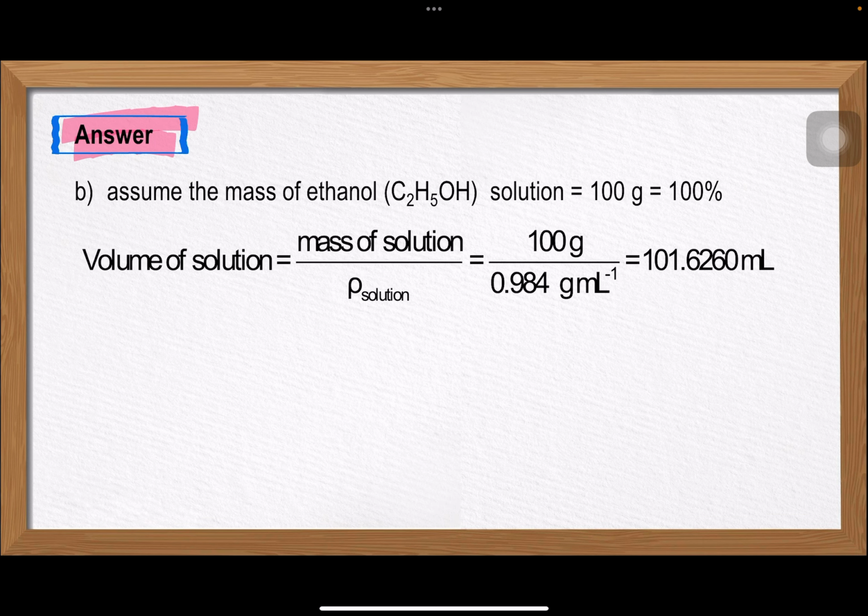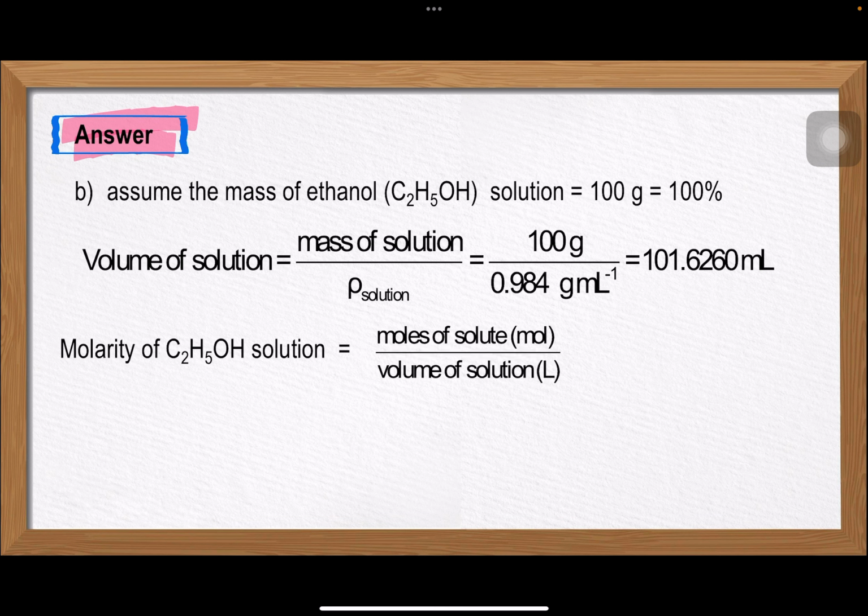Density is mass divided by volume, so we can identify the volume from density formula. So the volume of solution is 101.8626 milliliter. So use formula molarity, mol divided by volume in liter. This is in milliliter, change to liter. 2.14 molar.